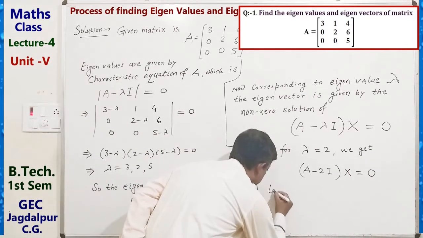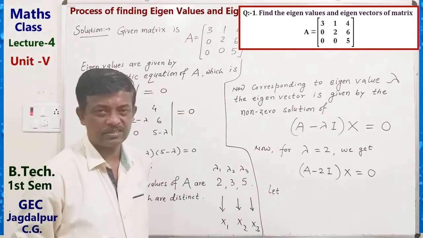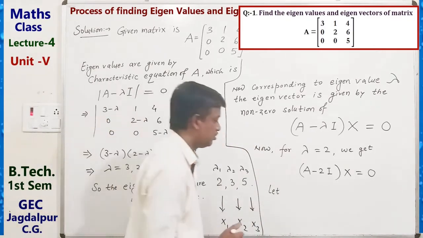Here it is a third order matrix, so there will be 3 components of x.